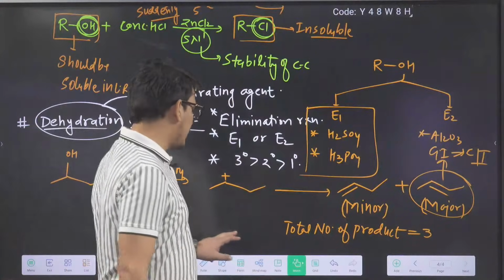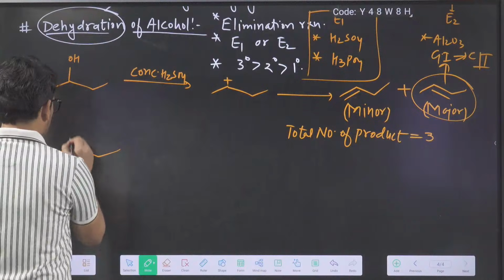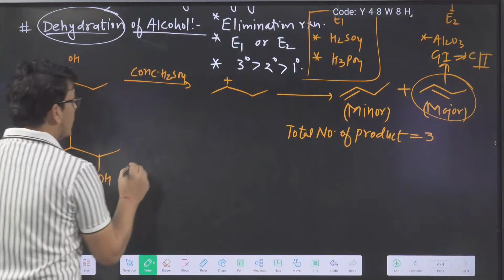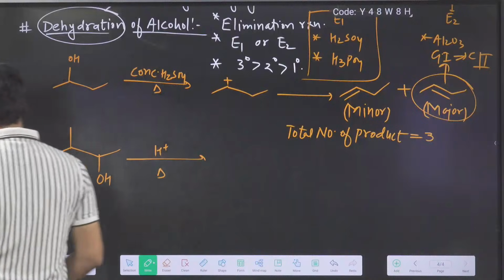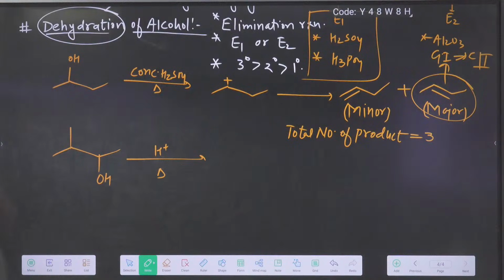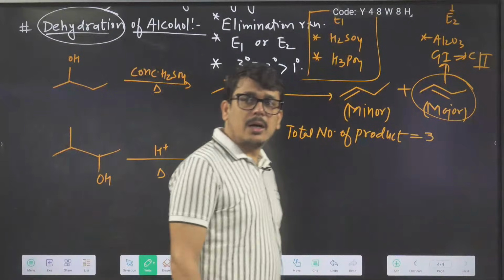Now next after this one, if I said this question here, now tell me H plus ion, heat, what will be the product for this reaction? So in this case, first there will be a carbocation formation.